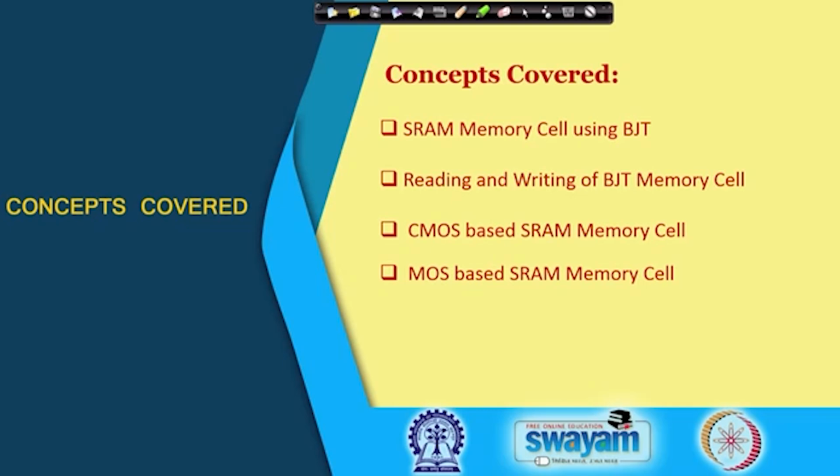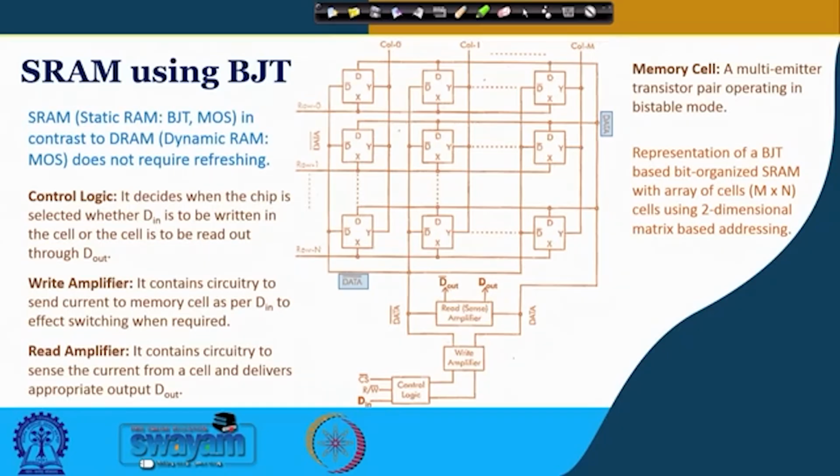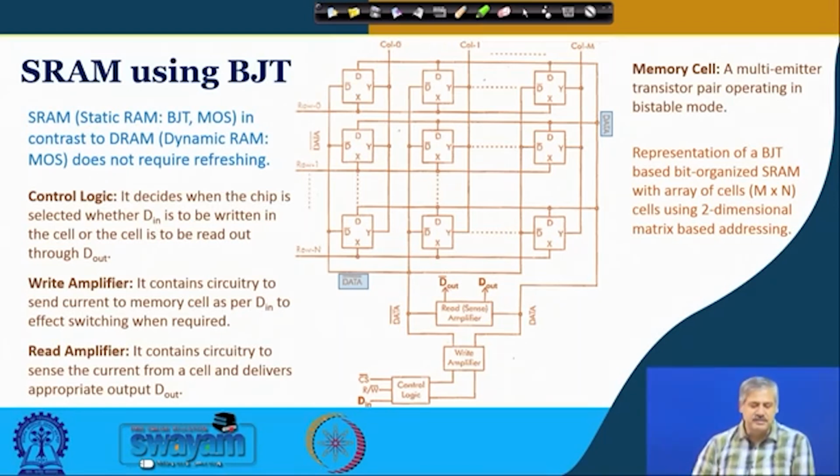And what we have taken up is called static RAM. Random access memory we have already seen. Static we have already defined in the last class: static RAM is the one where periodic refreshing is not required, and we shall discuss the other type of RAM, called dynamic RAM or DRAM, in a subsequent class.